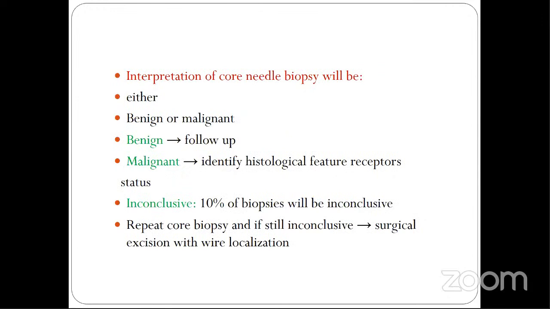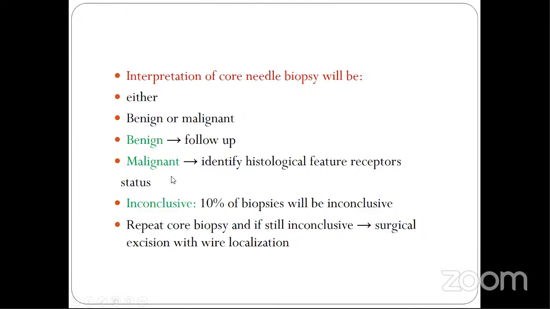Now we have a biopsy from the breast mass, then we will have the report. What would we see in the report? The mass would be benign or malignant. If benign, we'll do follow-up.